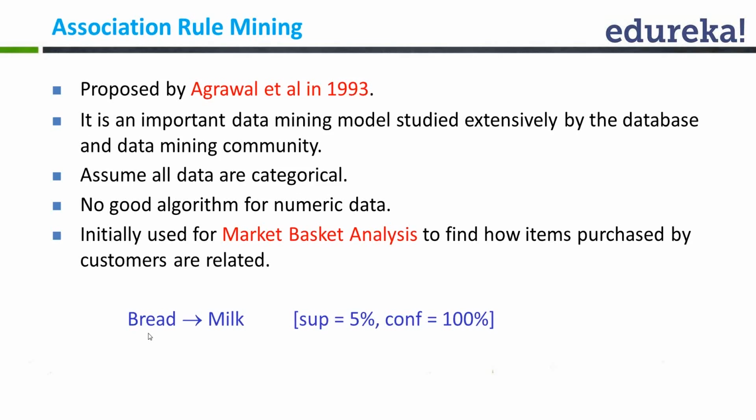And in recommendations, we are looking at how to recommend new items to my customers. Whereas this one is essentially finding associations between different items in your data. So it's a completely different class of algorithms.